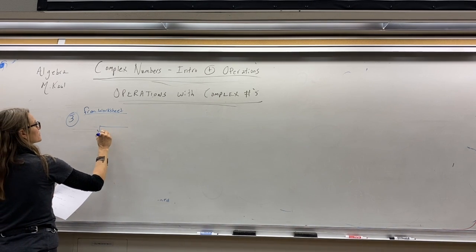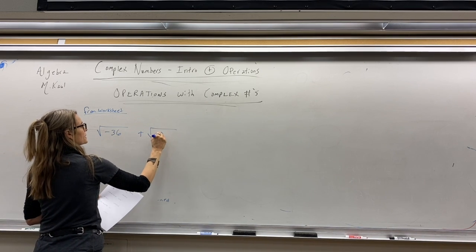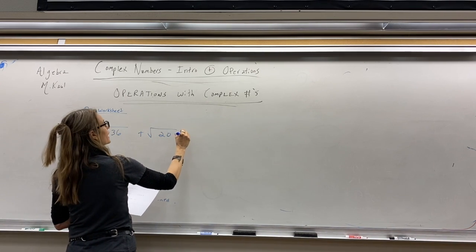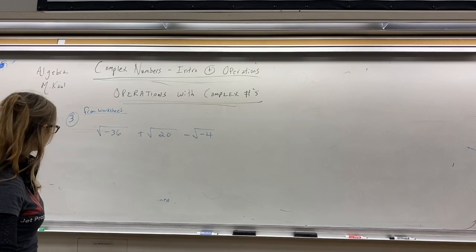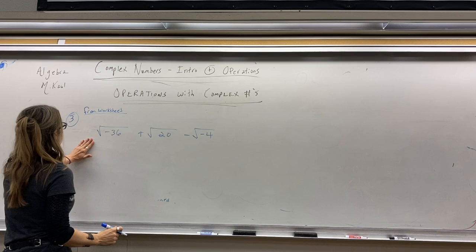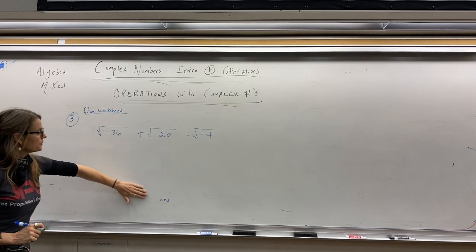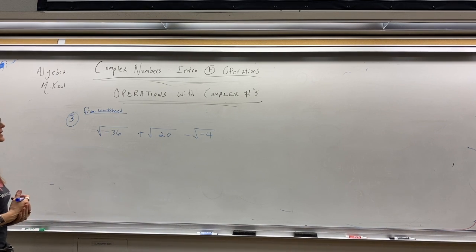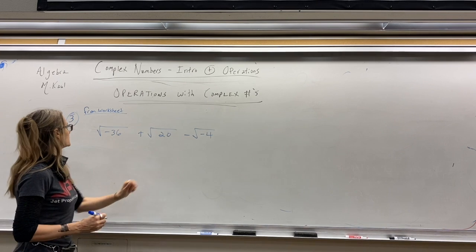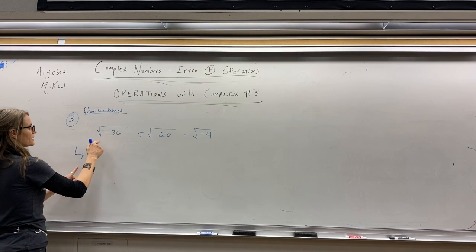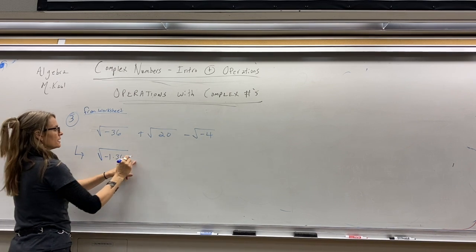Let's say we have the square root of negative 36 plus the square root of 20 minus the square root of negative 4. In a problem like this, we have to go ahead and do some simplification before we can even add or subtract these. So I can't add any complex parts because I have to simplify these first. So the first step is to recognize that the square root of negative 36 is the square root of negative 1 times 36.